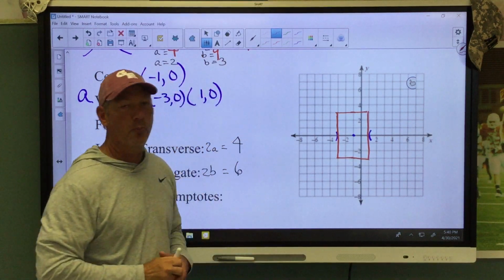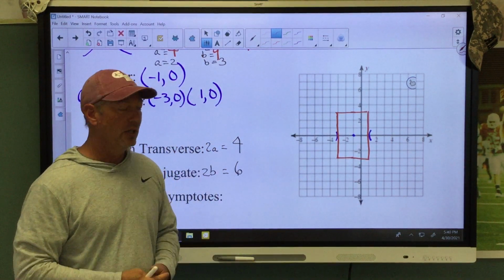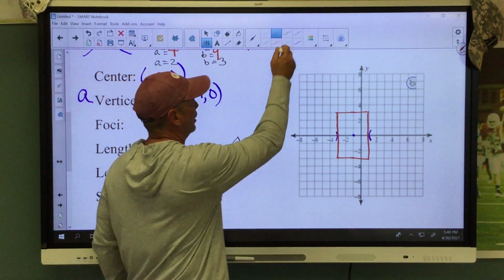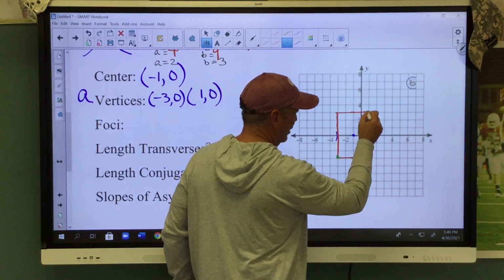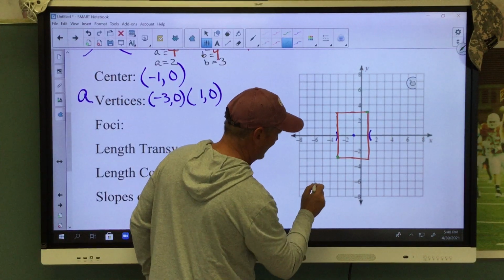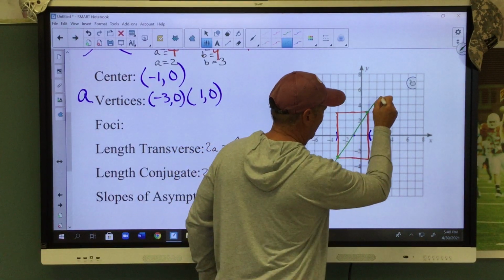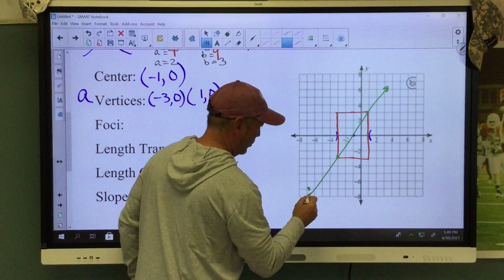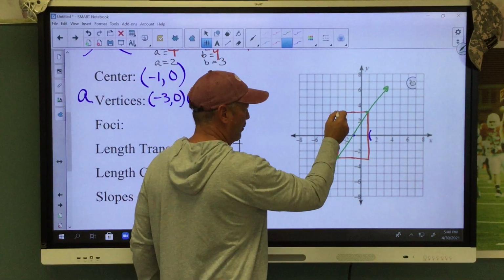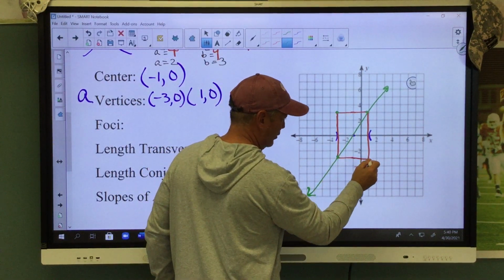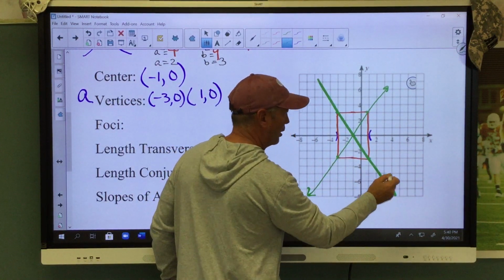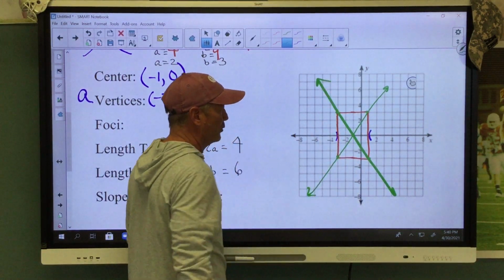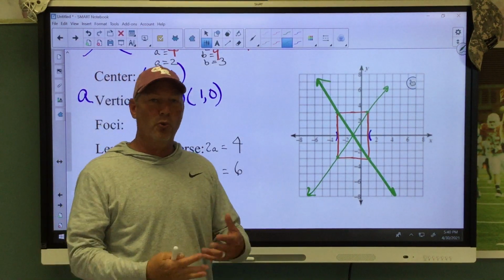That box is going to help us draw our asymptotes. We're going to go through the corners. So we're going to go through this corner, through the center, and this corner. We're going to do the best we can. And from this corner, through the center, through this corner. Those are our asymptotes.